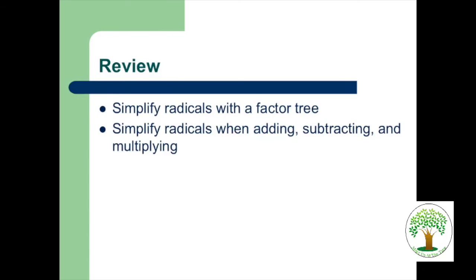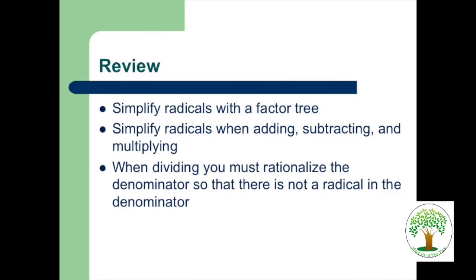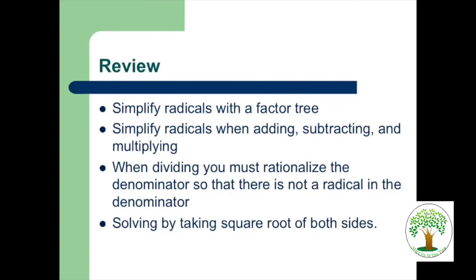And this was maybe new for some of you entirely, or maybe it was just review from way back in algebra: when you divide, you must rationalize the denominator so that there is no radical in the denominator. Then we just reviewed some solving by taking the square root of both sides.